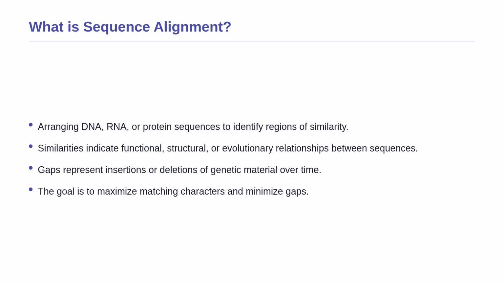To make the sequences line up properly, we are allowed to insert gaps. These gaps are not just mathematical tricks, they represent actual insertions or deletions of genetic material that have occurred over evolutionary time. Our ultimate goal in any alignment is to maximize the number of matching characters while minimizing the number of gaps and mismatches.